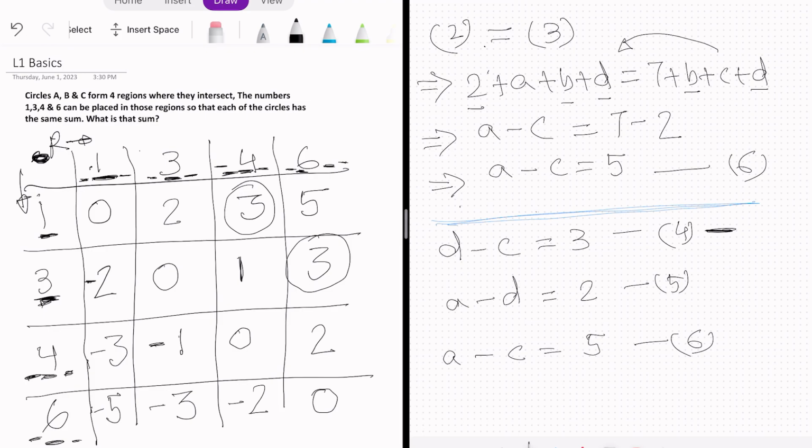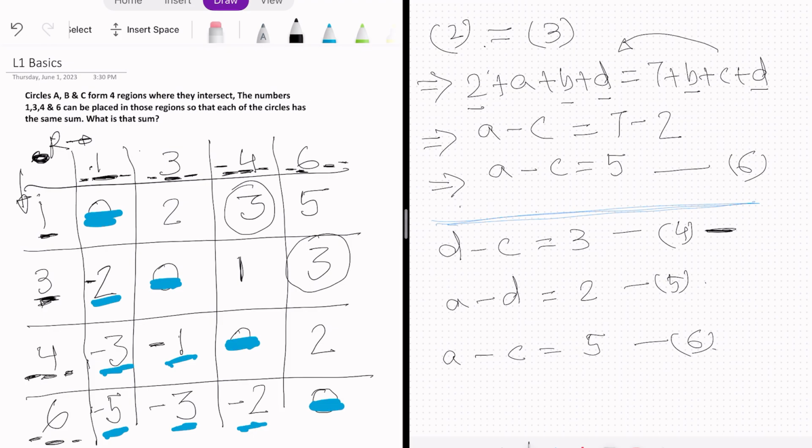And since from 4, 5, and 6 the differences are all positive, I can easily leave out the ones where the differences are coming out to be 0 or negative, which means I can leave this one out, this one out, this one out, this one out. And I can pretty much leave everything on this side out. So the possible options that I have are either the numbers that are on the other side of the diagonal.